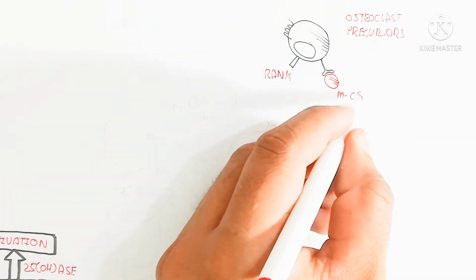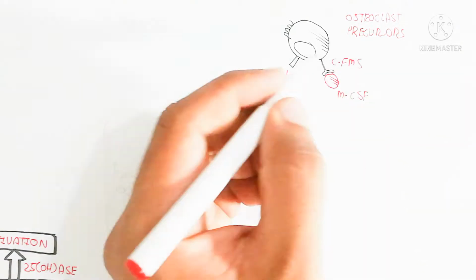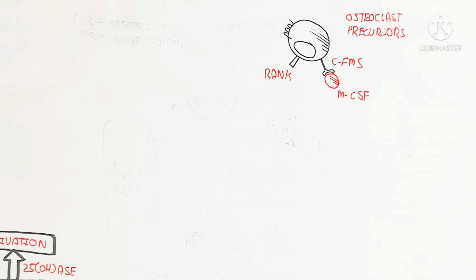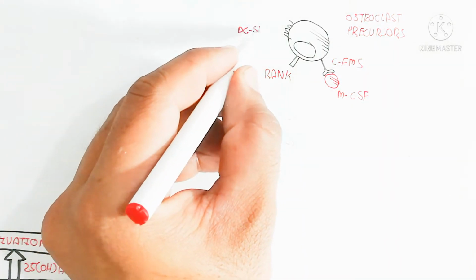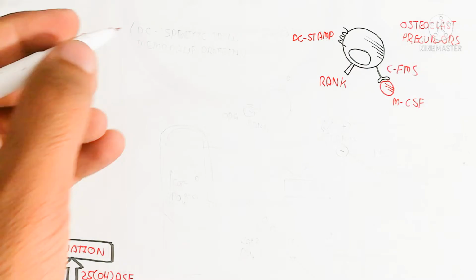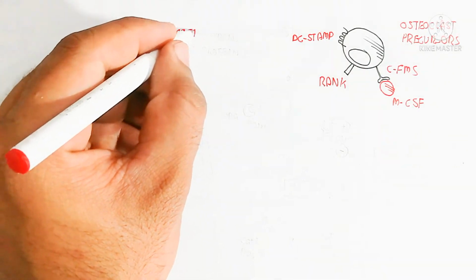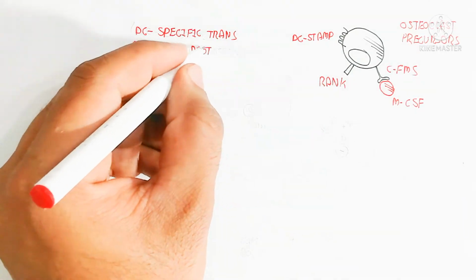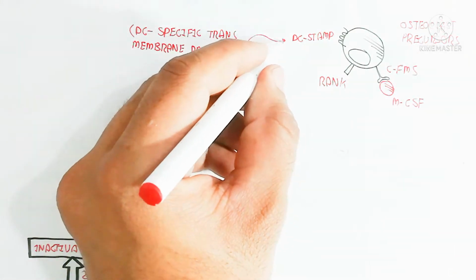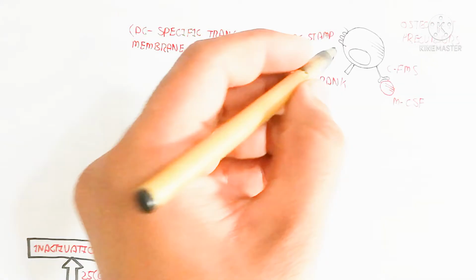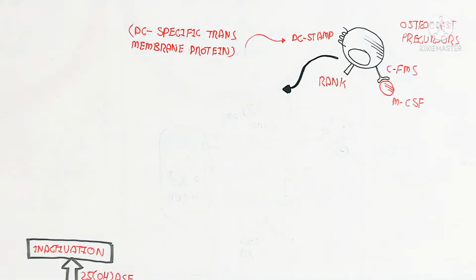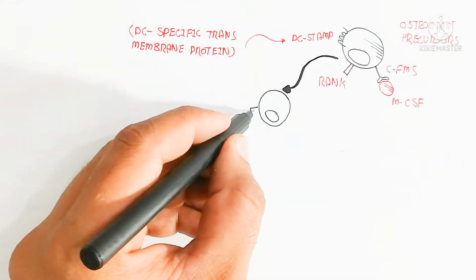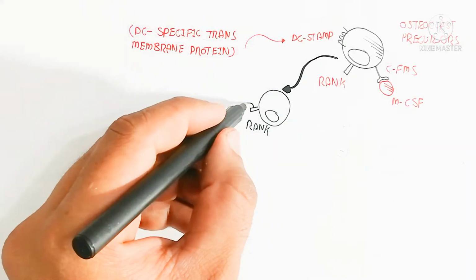Here is the osteoclast precursor, which contains macrophage colony stimulating factor binding with c-Fms, and here is the dendritic cell specific transmembrane protein, which is also present, and the RANK receptor is also present.